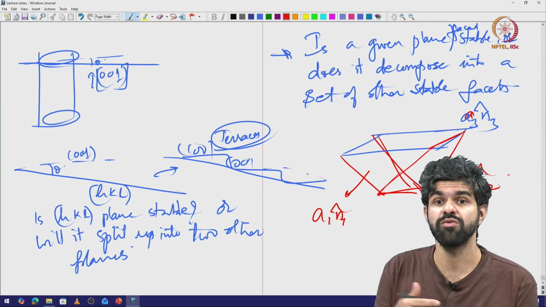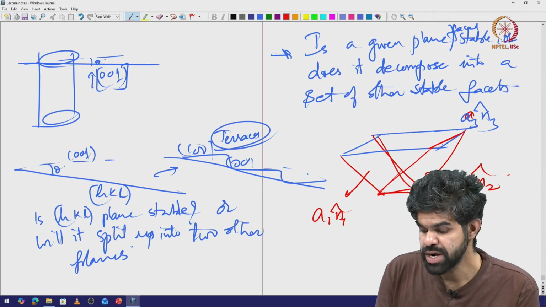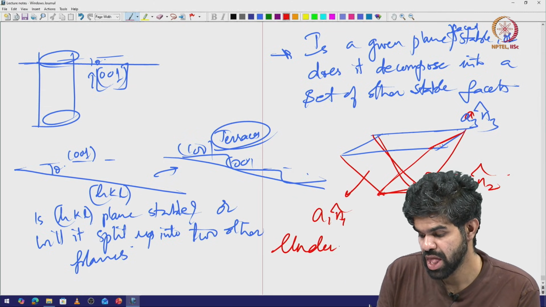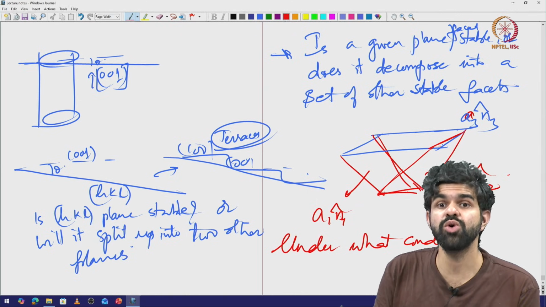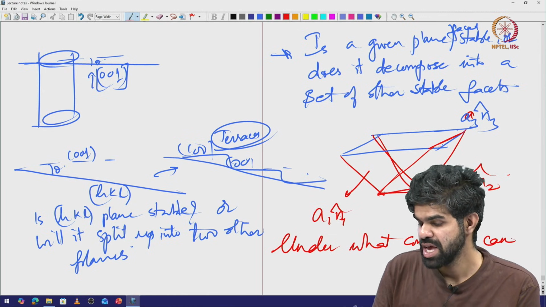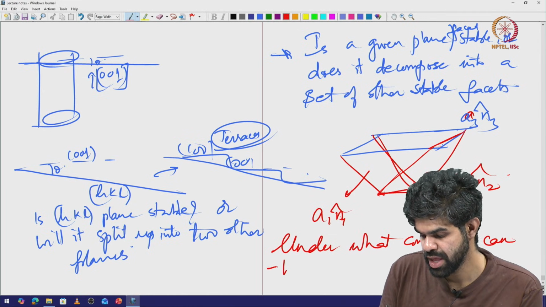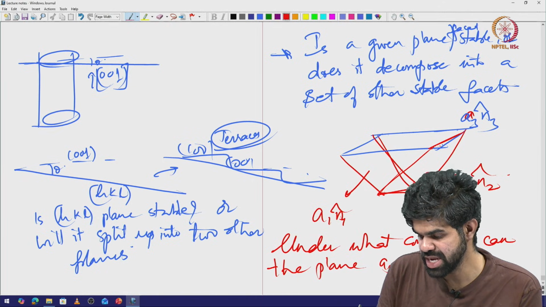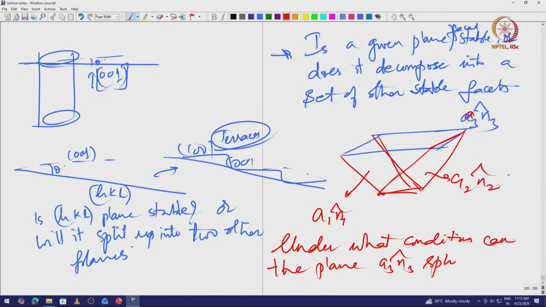Now, I am asking you a much simpler question than whether this plane is stable overall. I am just asking, if these are the only options available, under what conditions can the plane A3 N3 split into A2 N2 and A1 N1?